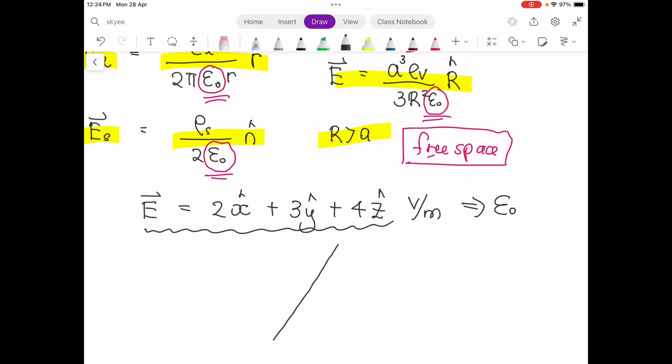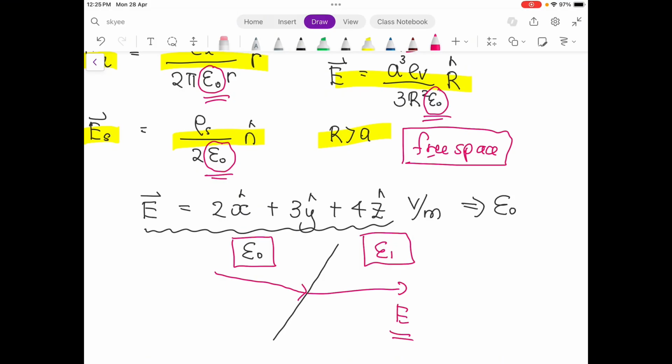Initially it is in epsilon naught, and now the field is going to propagate through another dielectric, which has different dielectric properties. What will happen to this electric field in the new environment?